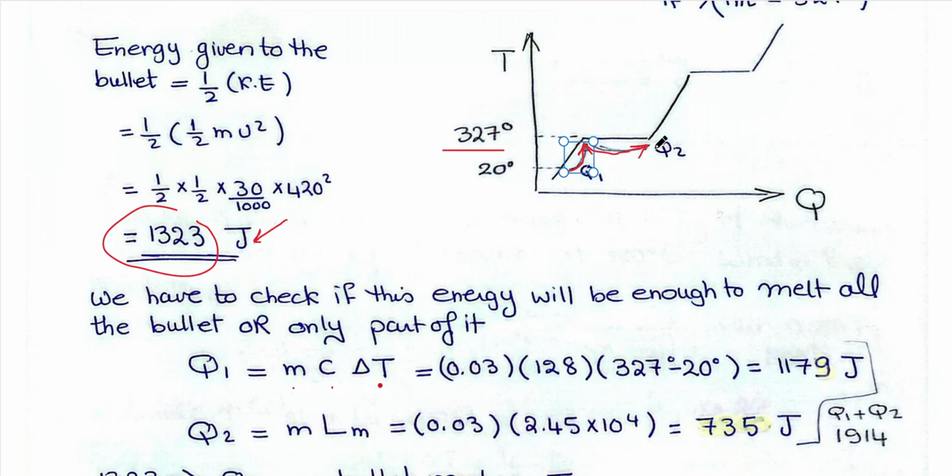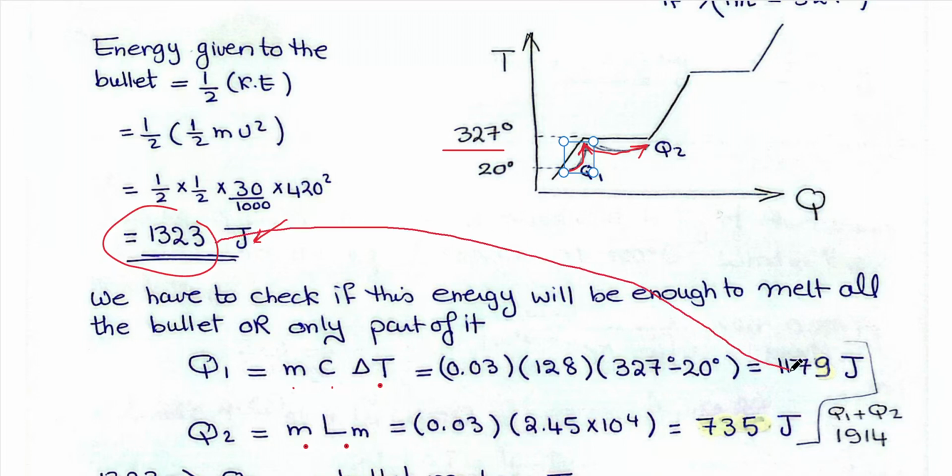Q2 is the amount of heat energy which the bullet needs to completely melt, which is M, the total mass of the bullet, multiplied by Lm. Total mass of the bullet multiplied by Lm will give you 735. If I add Q1 and Q2, it will be 914.